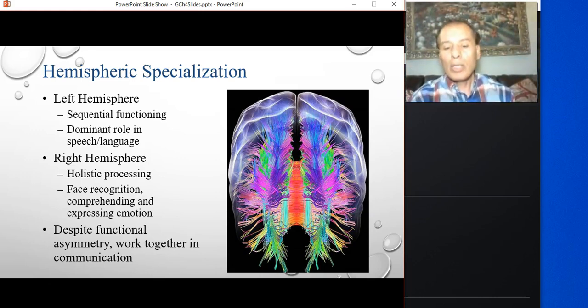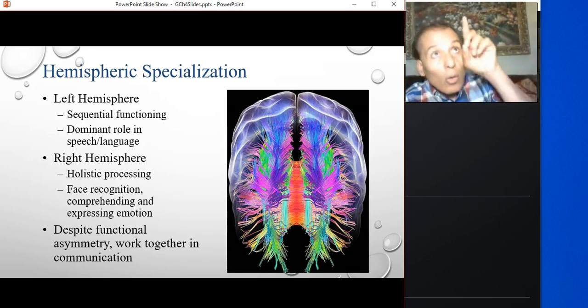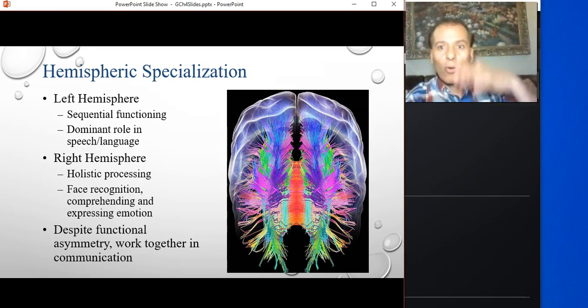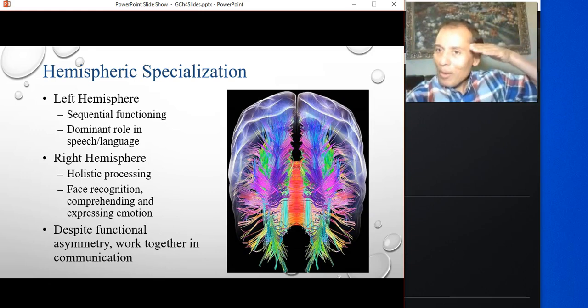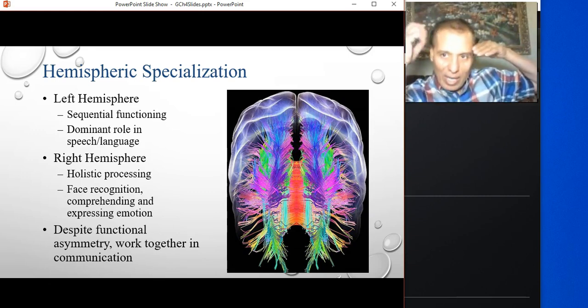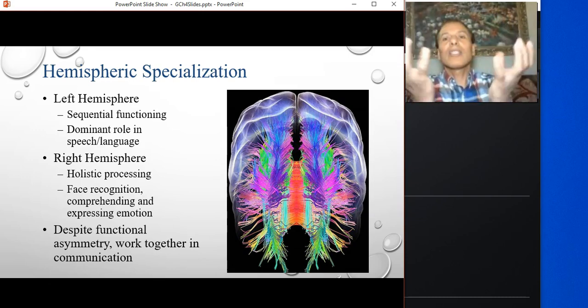So the right hemisphere has to rely on the left to get the raw material. Then the left hemisphere is the one that's going to do the interpretation first. Oh, it is raining cats and dogs, and it takes it literally. Okay, go outside and look at the cats falling down and the dogs falling down. That is what the left hemisphere does. But the right hemisphere is going to say, no, that is not what it means. You stop that interpretation, and I have a meaning that is based on the entire sentence.